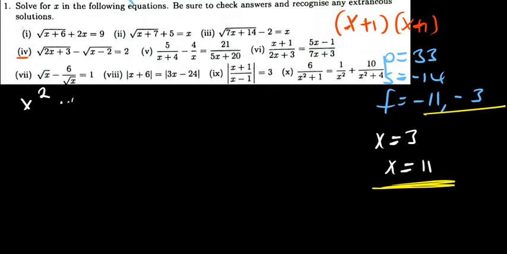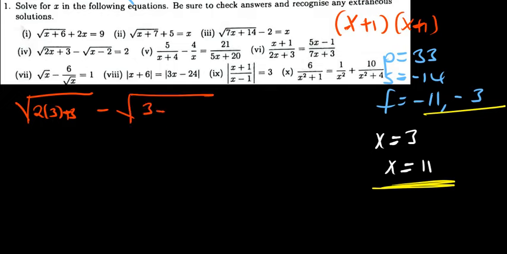Okay, after finding the answer, since it is a radical, we need to prove: is x equal to 3 indeed part of the solution, or is it an extraneous solution? Let's see. I have got the square root of 2 times 3 plus 3 minus the square root of 3 minus 2.